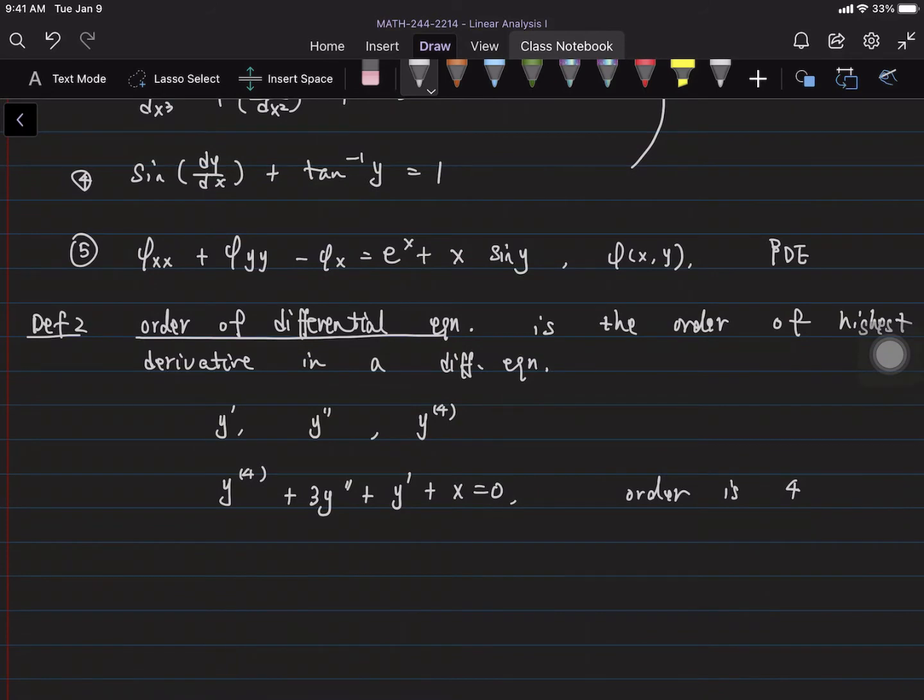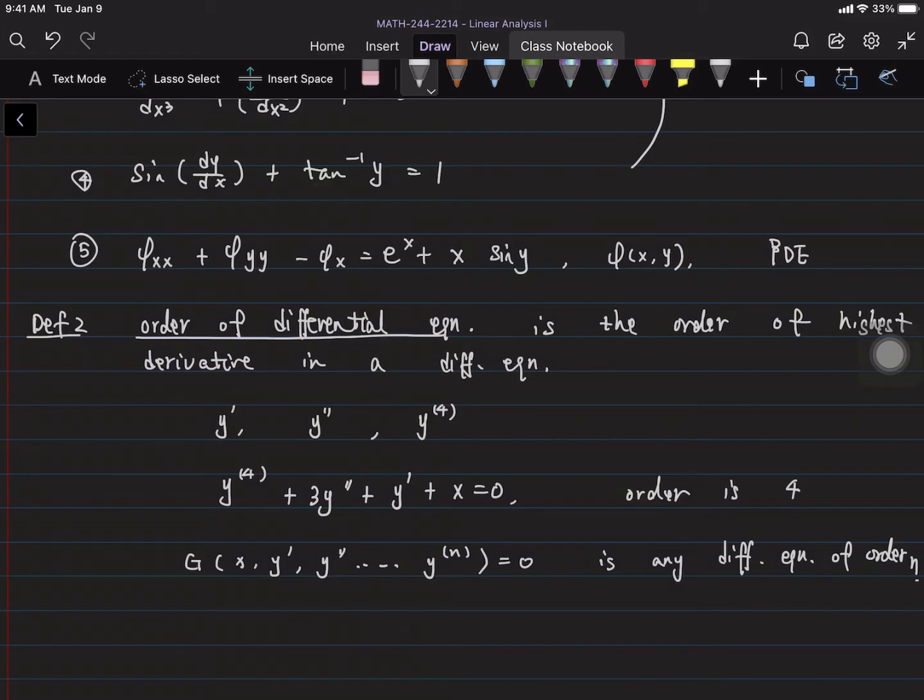So in general, a differential equation is given by an equation in terms of all those things, and this equation equals 0. This is any differential equation of order n. This is a general equation.